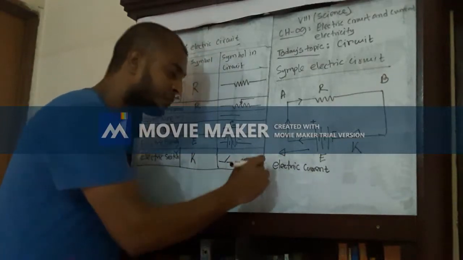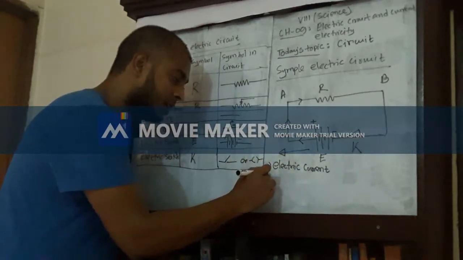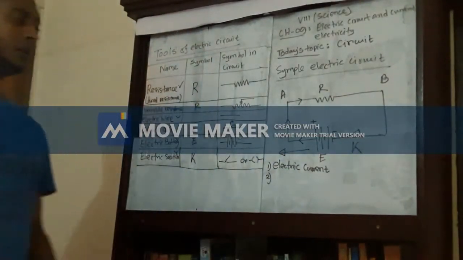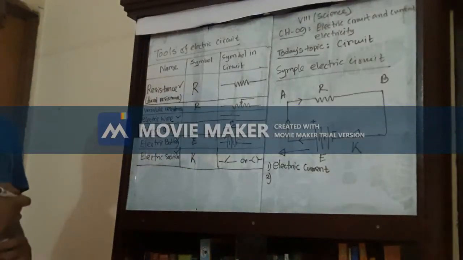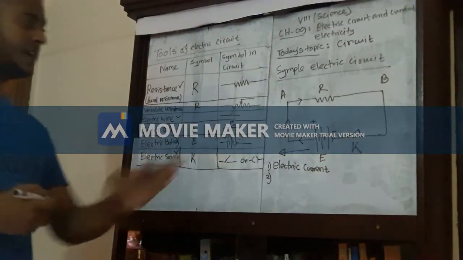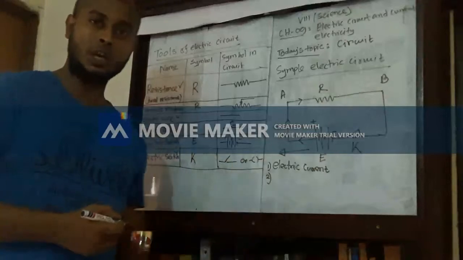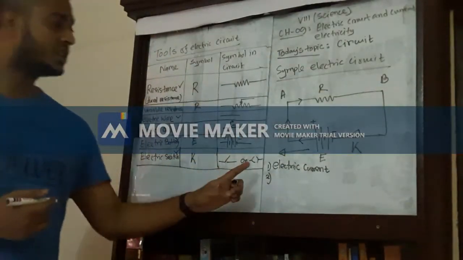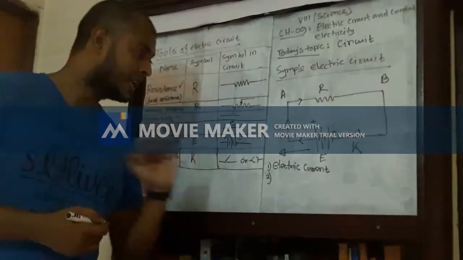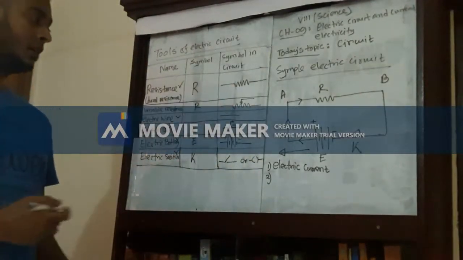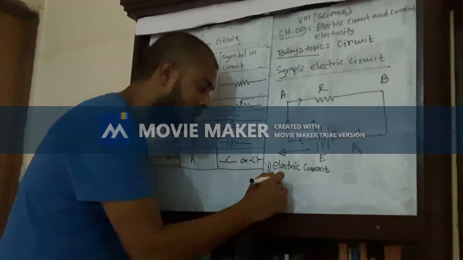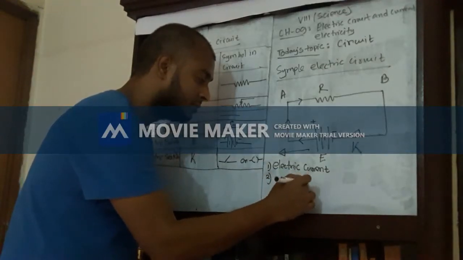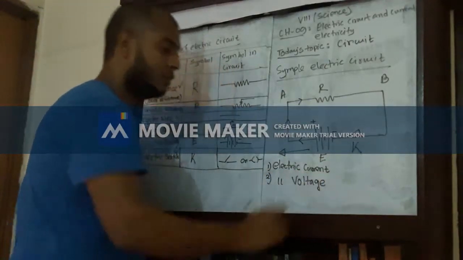First thing, and second thing, in this direction voltage flows. Remember, this is a convention. In this path, boys and girls, at first electric current flows. Secondly, in this path, electric voltage also flows.